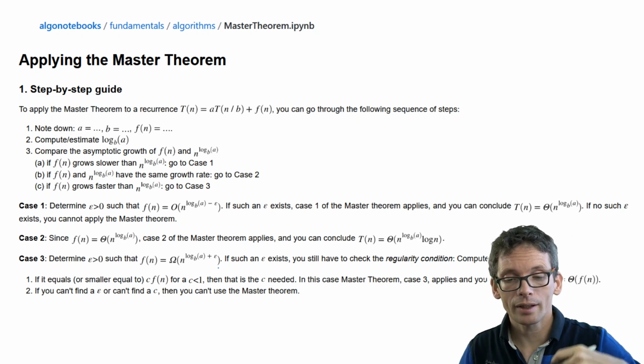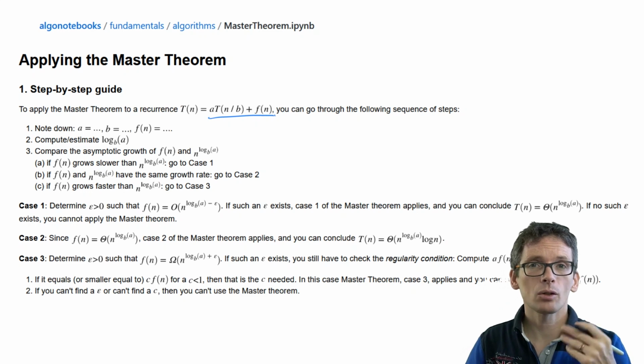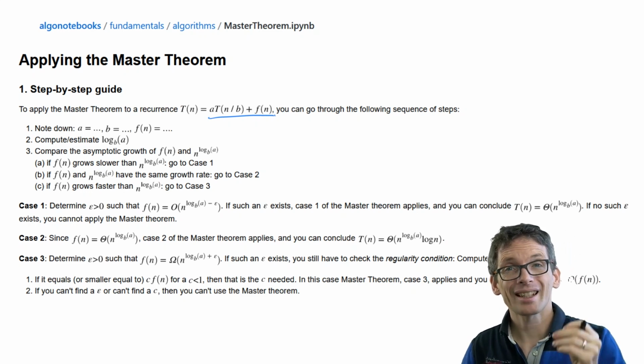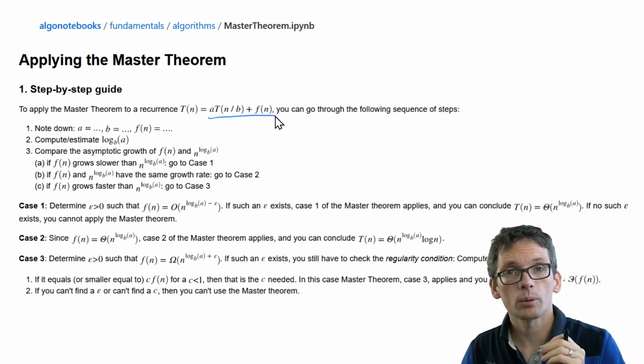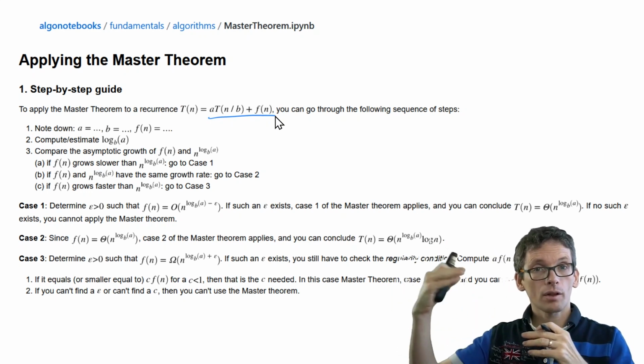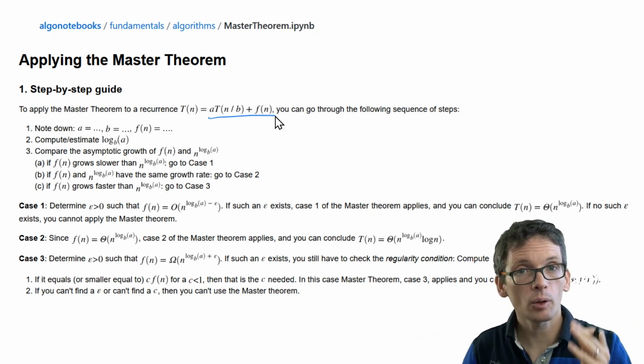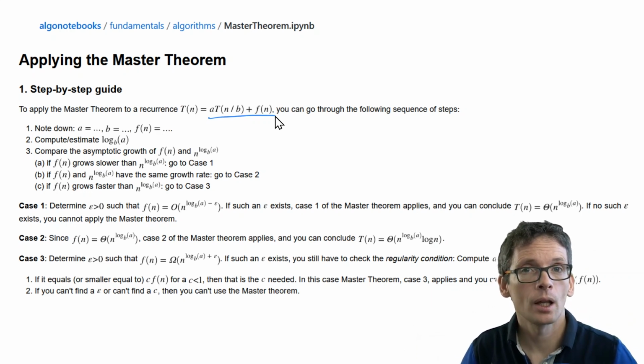I should also say that even if you have a recurrence of this form, it does not immediately mean that you can solve it with the master theorem. You could have that form and it doesn't fall in one of the three cases that we saw. If that's the case, bad luck, then we will use recursion trees instead.